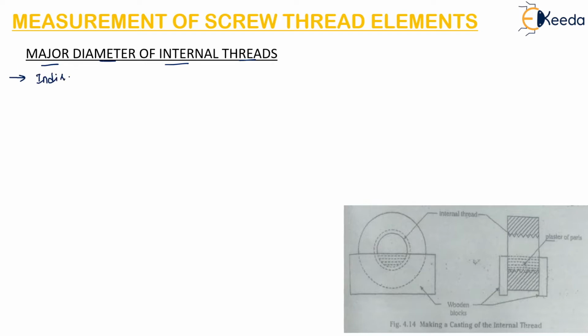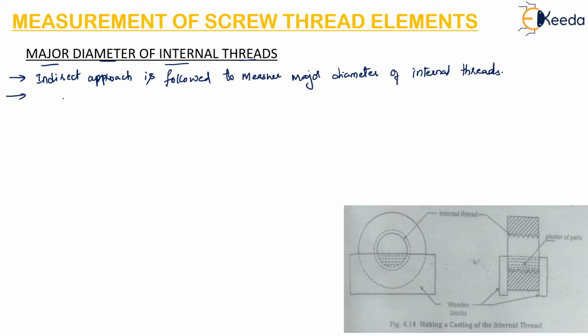This indirect approach is nothing but we make a replica of the screw thread by using a casting technique.